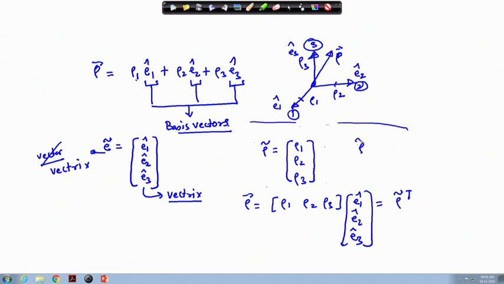So, rho tilde transpose will be rho 1, rho 2, rho 3. So, rho tilde transpose times e tilde, where e tilde we have defined like this, is one representation, and the same thing can be written as e tilde transpose times rho tilde. So, both ways we can write.